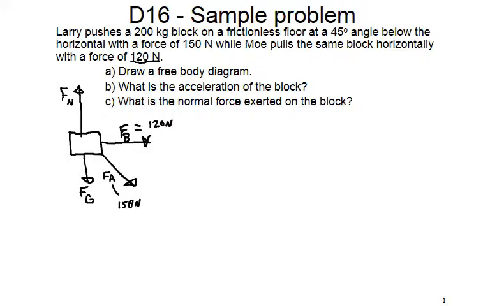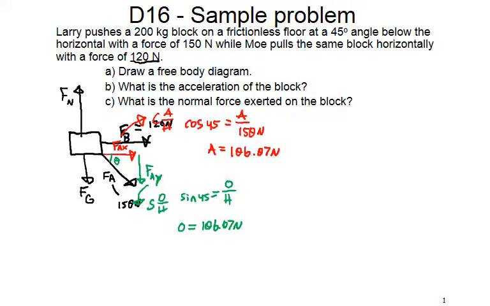Let's call the downward force here force A, and this one force B. We're going to do this the same way, looking at the sum of the forces in the x and y. We're going to break up the force applied into the force applied in the x and the force applied in the y. Then we can solve for the different values here, and then we can set up the sum of the forces.